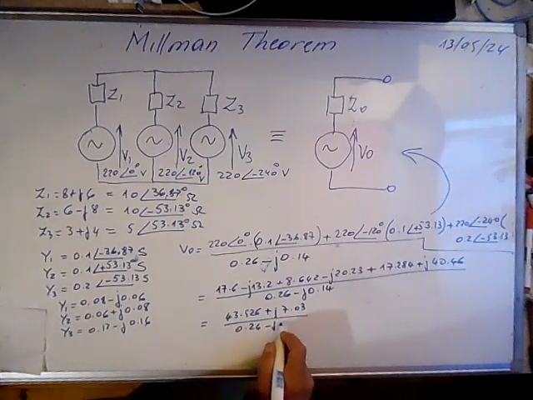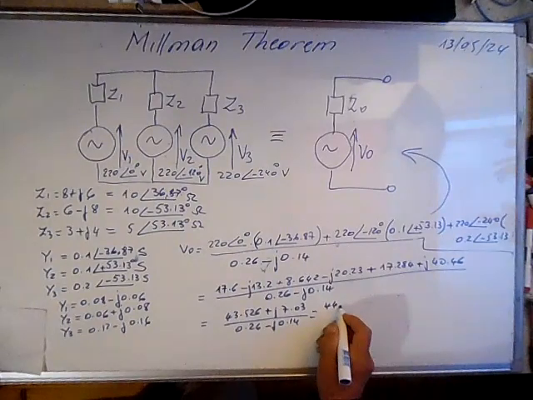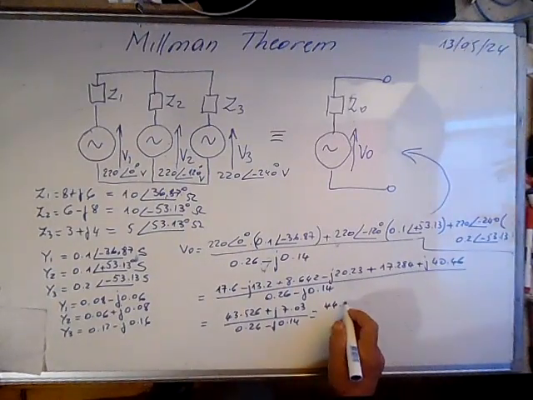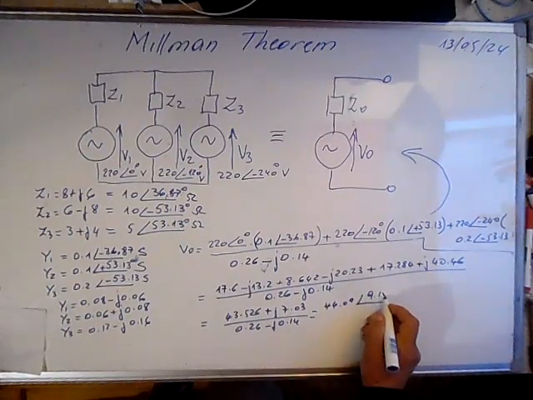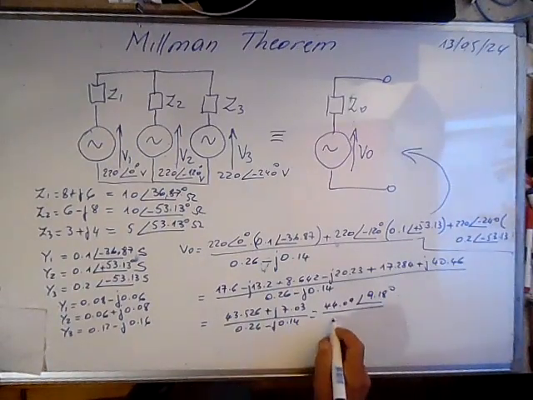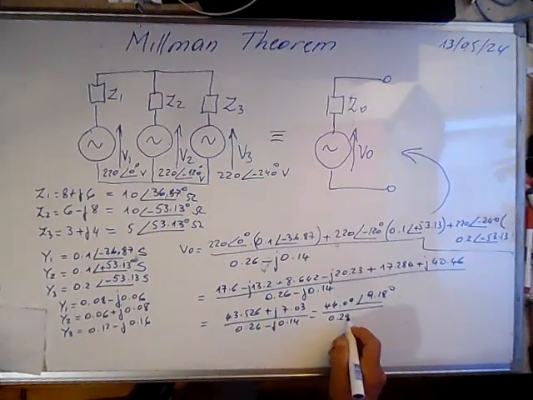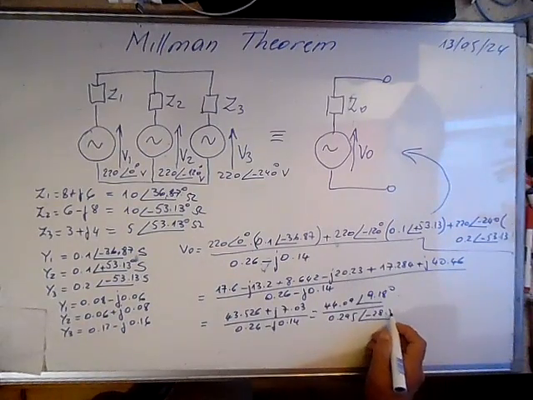Here we'll have in polar form 44.09, argument 9.18 degrees, over 0.295, argument minus 28.3.